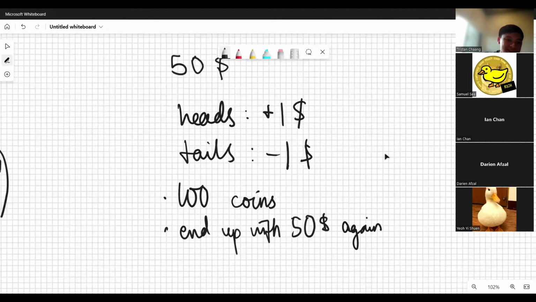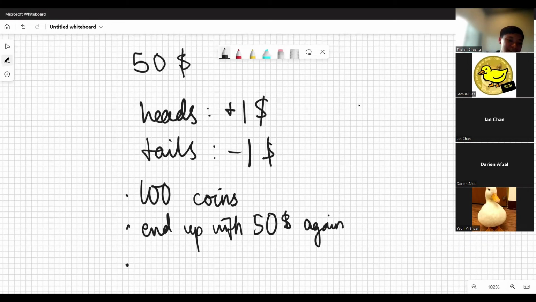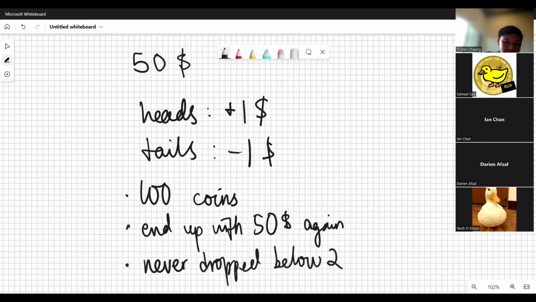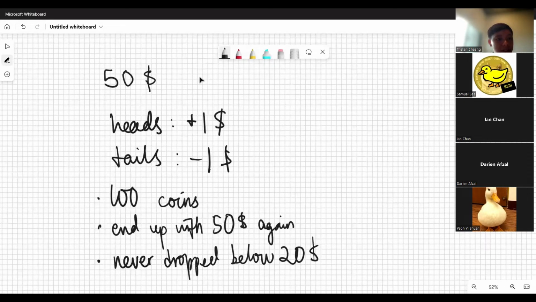And also one more, just to make things very difficult: you never dropped below 20. So you can touch 20, but you never went below 20. So 3 conditions have to be met, and you want the number of scenarios that satisfy this. So 100 coins tossed.